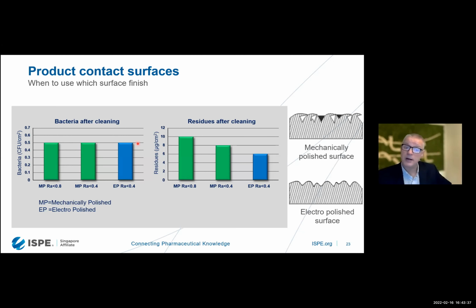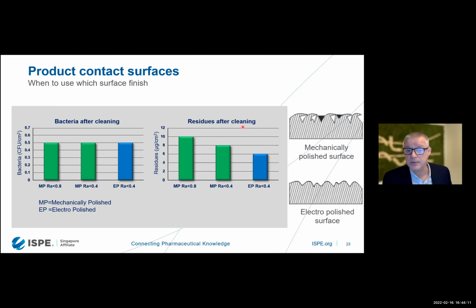We spiked a surface with a certain amount of bacteria, cleaned it in the same way, and then measured the colony forming units per square centimeter. There were no differences, because bacteria are quite large, so they don't really go into small scratches. So don't overspend on high specification of Ra value, because it really doesn't matter in a water system.